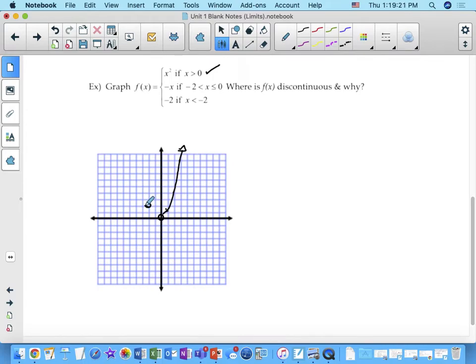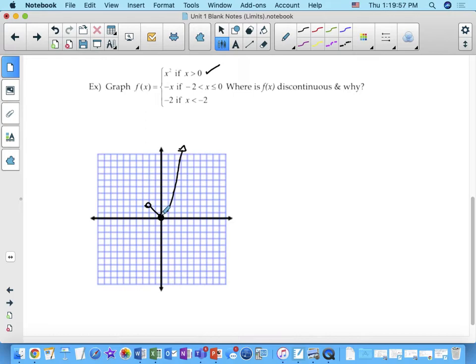And the 0 is inclusive, so that endpoint is going to be a closed circle. It's just between those two x values. Now this gets colored in. Actually, because these two endpoints are the same, there's no discontinuity there. So this is continuous at x equals 0 because this value is the same as that value.